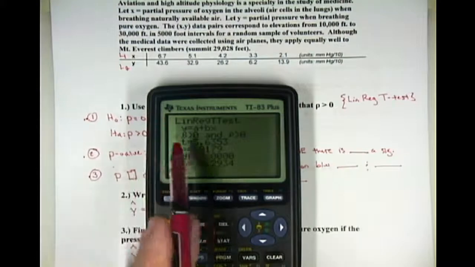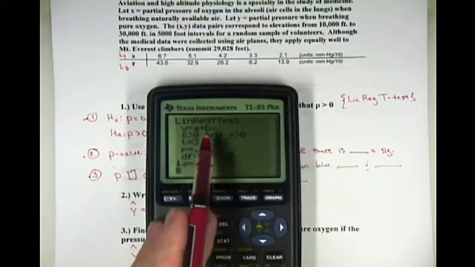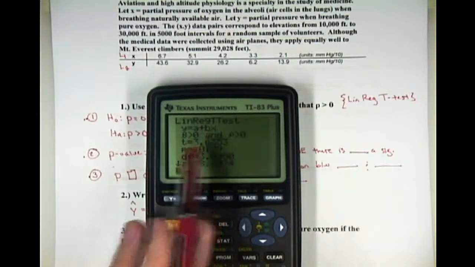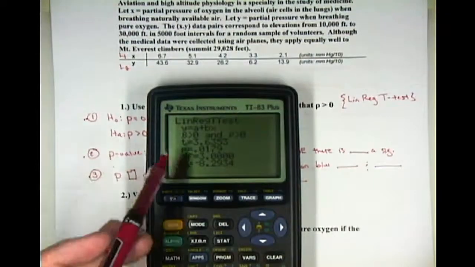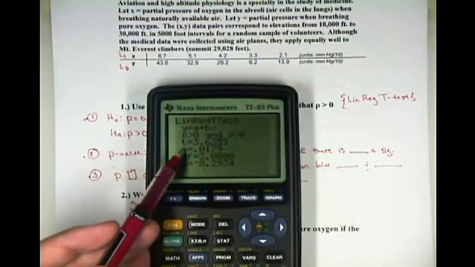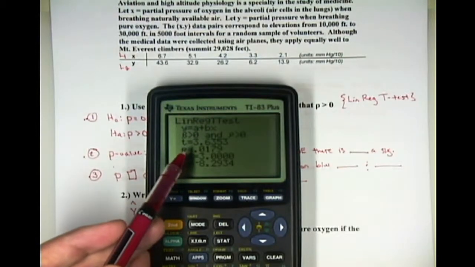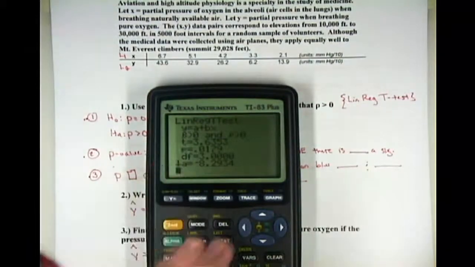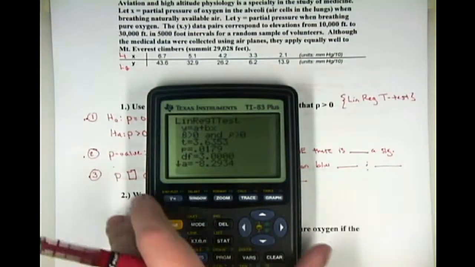And notice it gives you the equation y equals a plus bx, where b is the slope. And it confirms that you are testing a right-tailed positive test. It gives you your t and all that good stuff if you want it, and it gives you the equation of the line also if you would want it, which is handy.